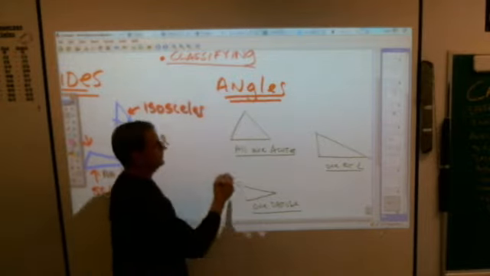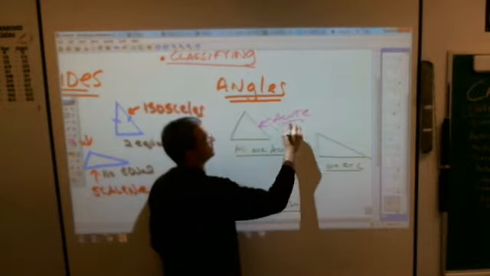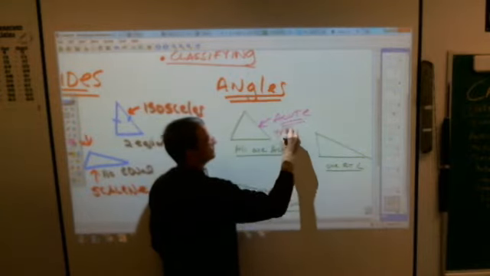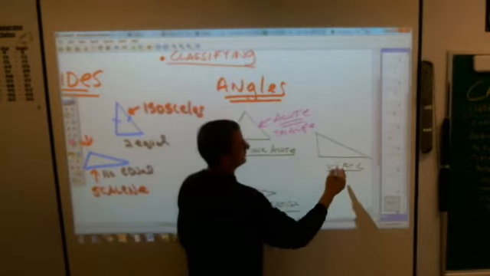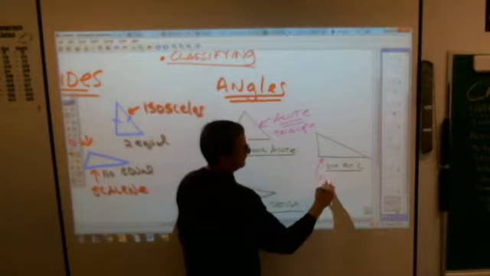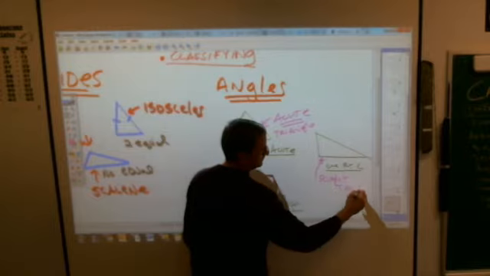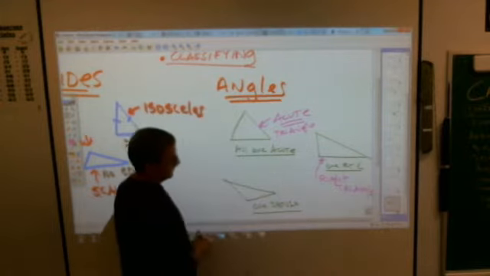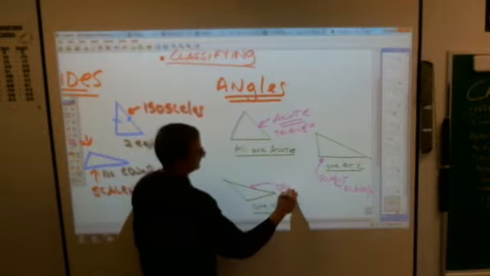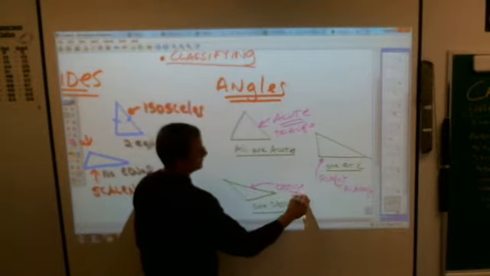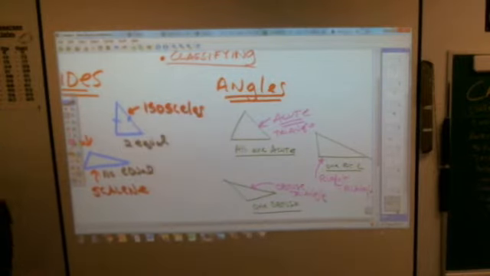If all are acute, this is an acute triangle. If it has one right angle, this is a right triangle. And if it has an obtuse angle, it is an obtuse triangle. Not too terribly difficult.